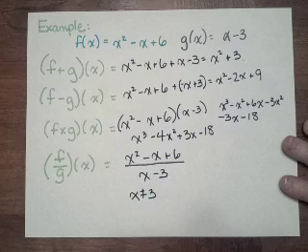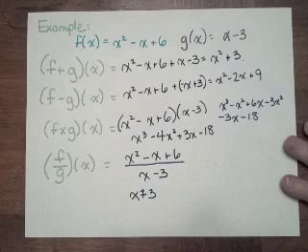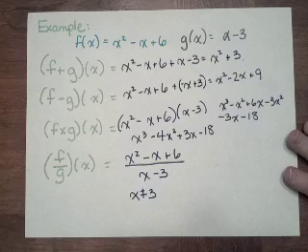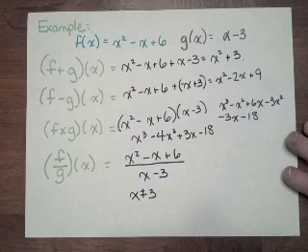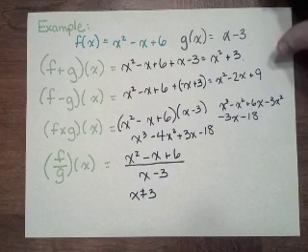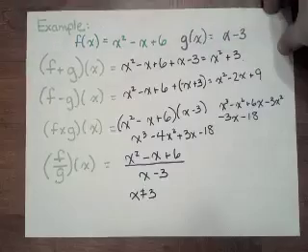Negative 3 times 2 might not work, so maybe it won't factor. But if I could factor this, I might have something that drops out later on. Okay. Anyway, so that is an example of doing all the operations with my functions.